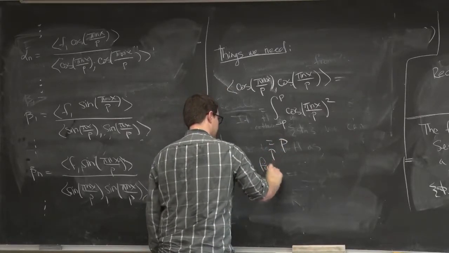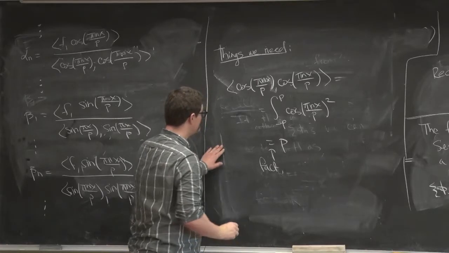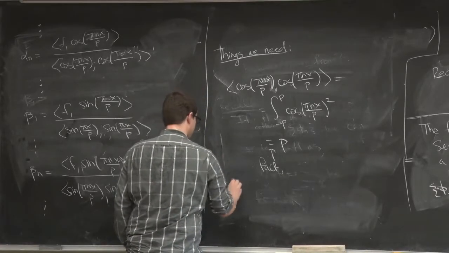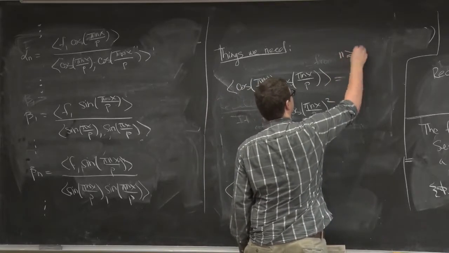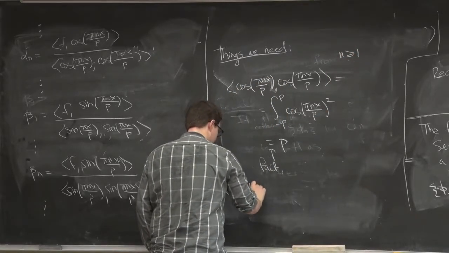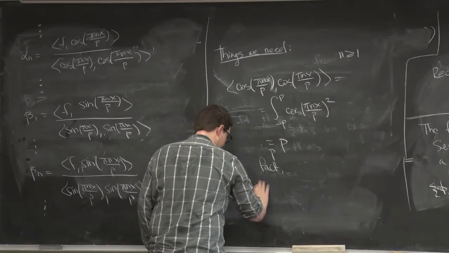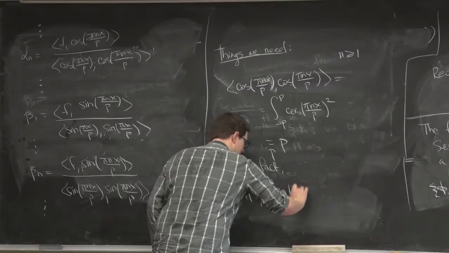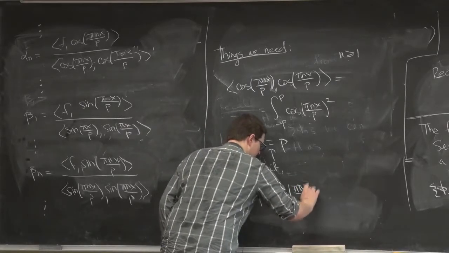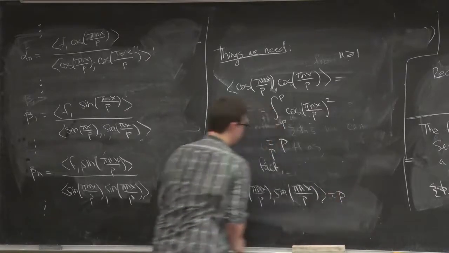So this is a fact. Also, same thing, this is for n greater than or equal to 1, sine pi n x over p times sine pi n x over p. This is also equal to p.